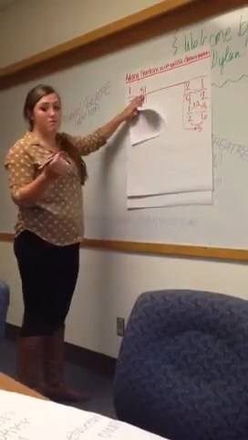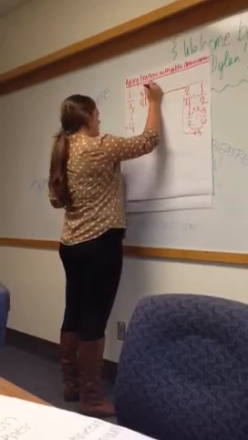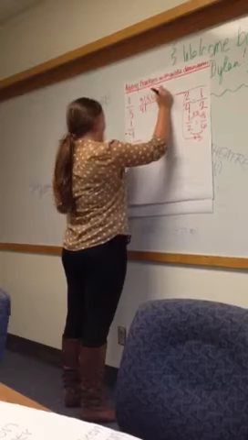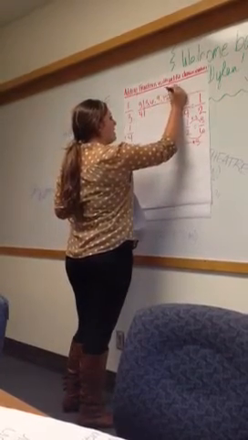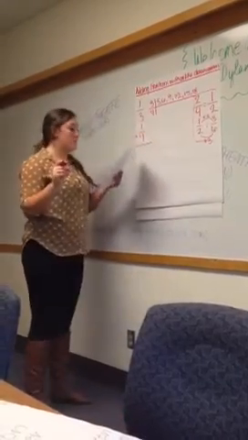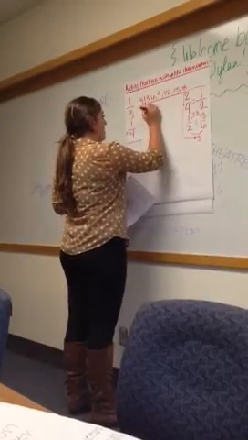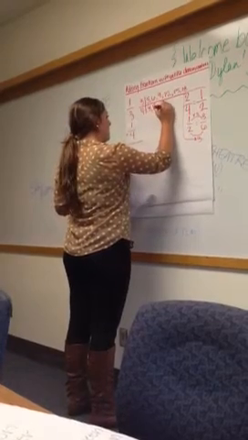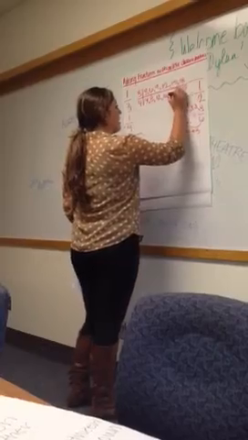So the multiples of 3 are 3, 6, 9, 12, 15, and 18. The multiples of 4 are 4, 8, 12, 16, 20, and 24.